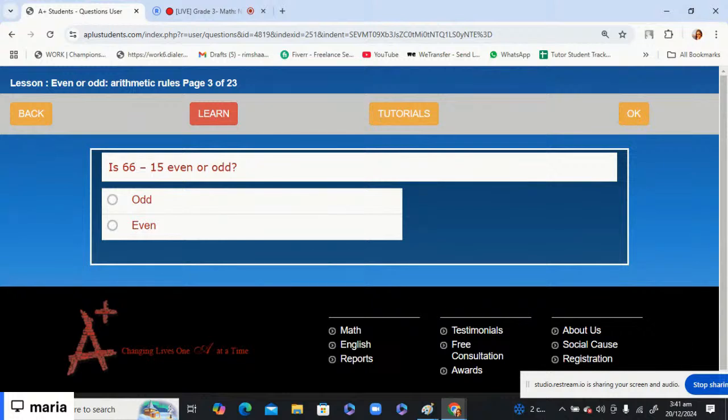If one is even and one is odd, what is the answer? Check 66 minus 15. After subtraction, the answer is 51. And 51 is an odd number. Good. That's option 1.